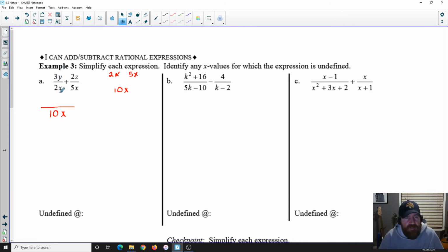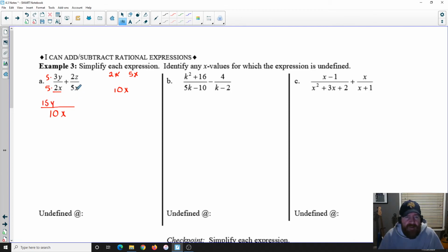And then we need to think about what we are doing to this denominator to make it 10x. So we have to multiply this by 5 on the top and the bottom. Okay. So that gets multiplied by 5, becomes 10x, and then this multiplies by 5 and becomes 15y.